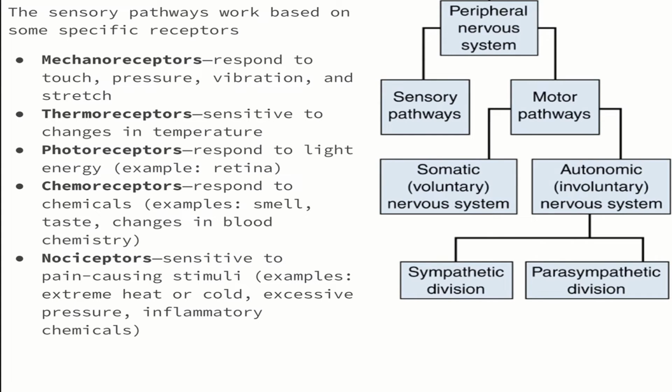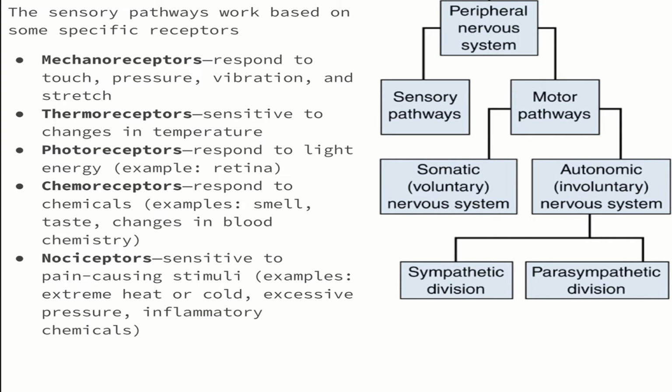And so mechano meaning to shift or change. And so we're actually having that shift or movement applied to the receptor itself. Thermoreceptors are sensitive to changes in temperature. Photoreceptors respond to light energy.